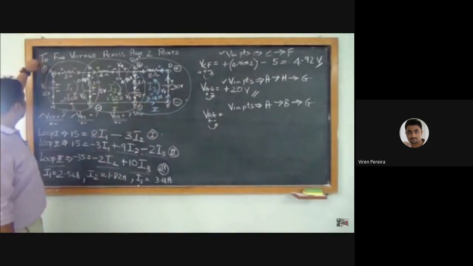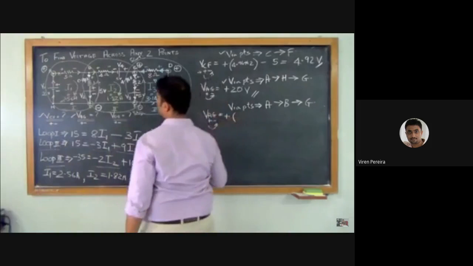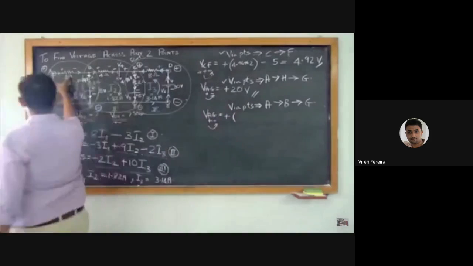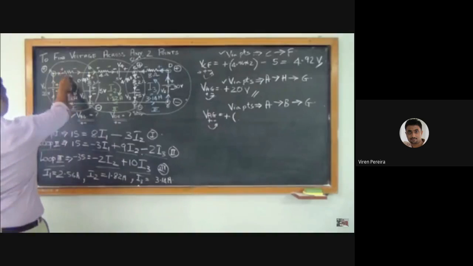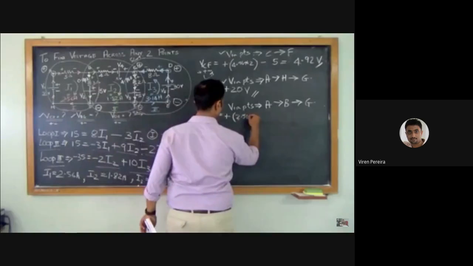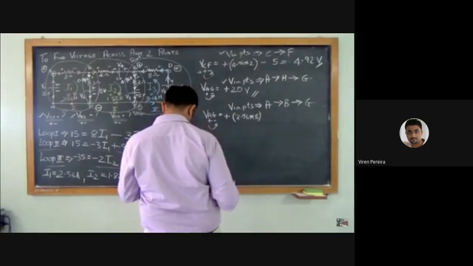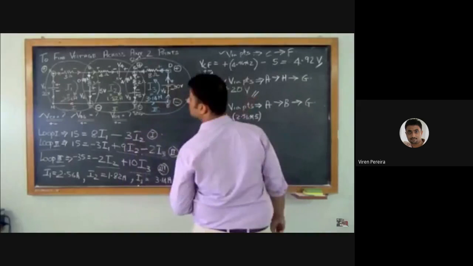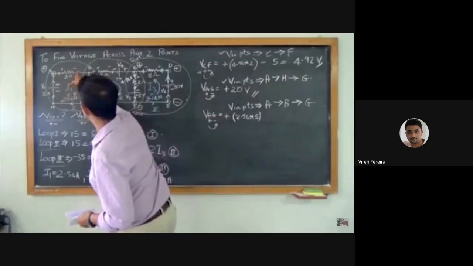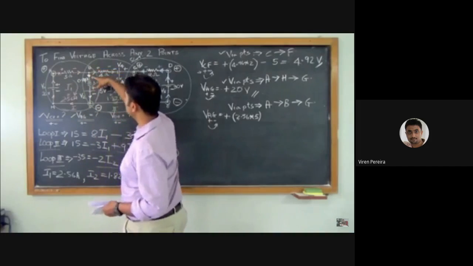So A is positive. First terminal it comes in contact with is positive. Positive, positive. What is the voltage in this? It will be I1 into 5. I1 is 2.56 into 5. Then once it moves here, again the first terminal it comes in contact with is a positive.